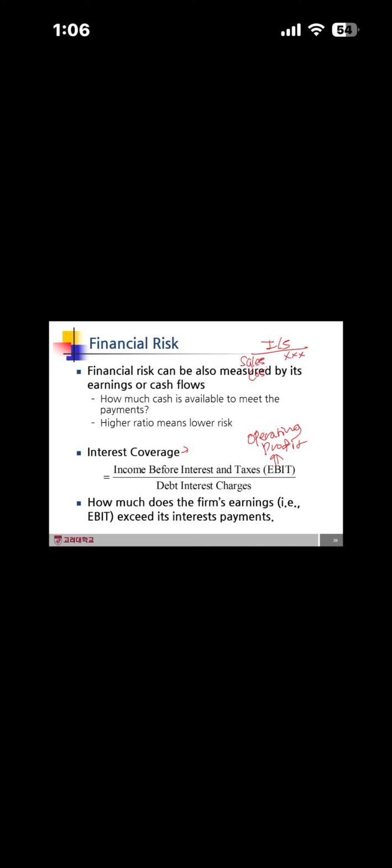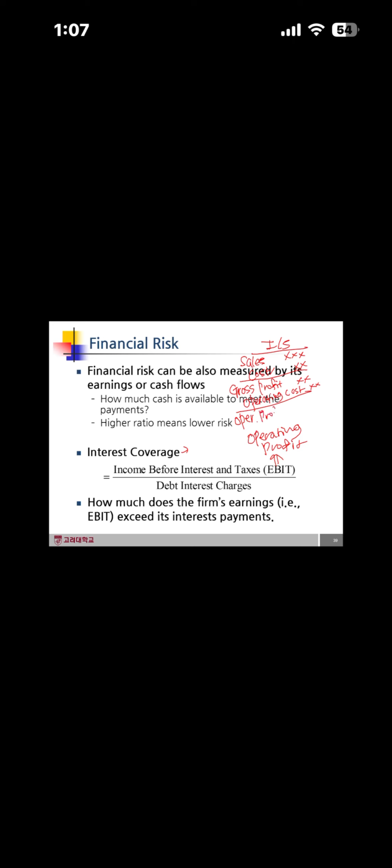and cost. So if you deduct cost, then you will get a gross profit. And if you deduct some operating cost, you will get an operating profit.